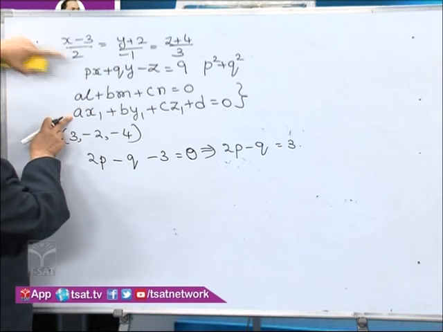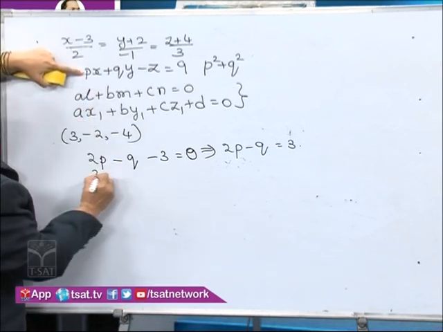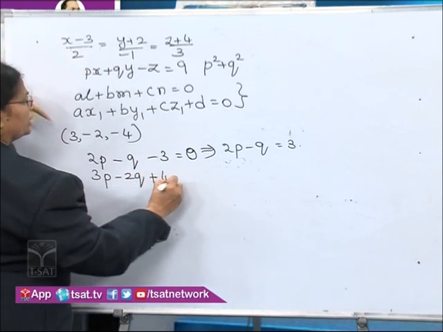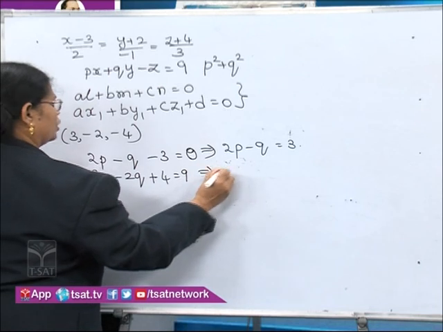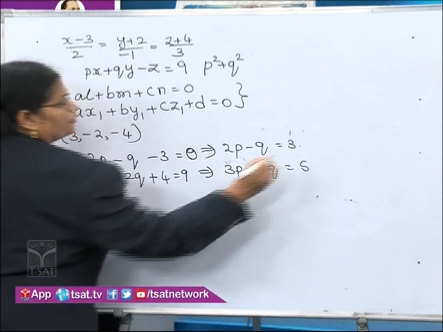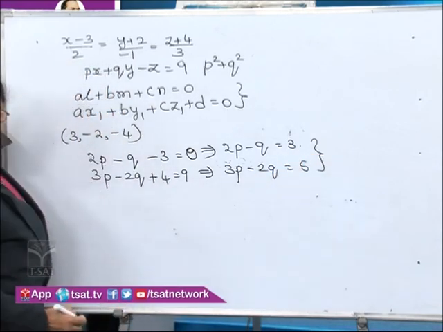Second condition, you have to substitute this point in the plane equation. So 3p minus 2q plus 4 equal to 9. Or you get this as 3p minus 2q equal to 5. We have to solve these two equations to get p and q.